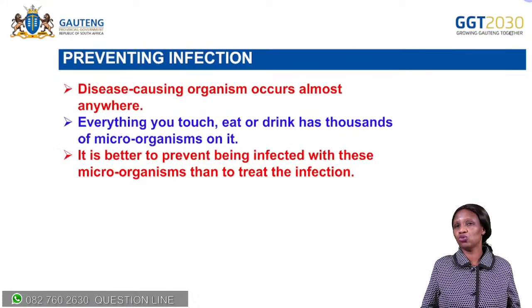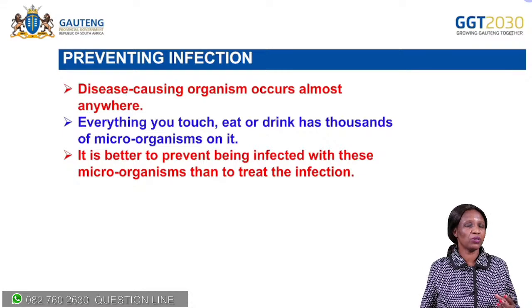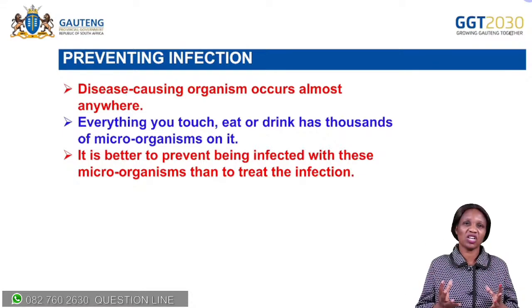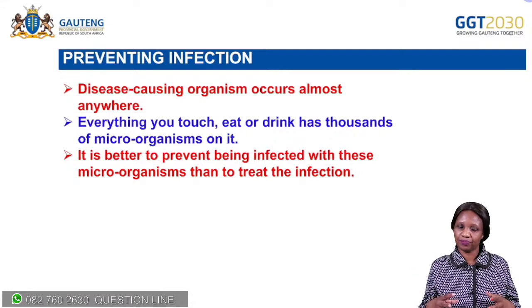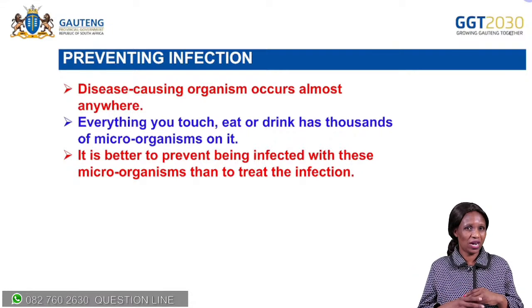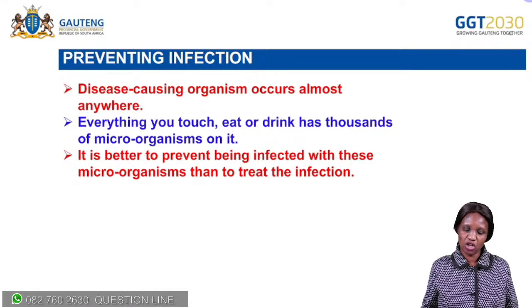And then how do we prevent the infection? Remember, we said we have to wash our vegetables, we have to wash our fruits, and then we also need to wash our hands, all right, and wash the utensils that we are using.